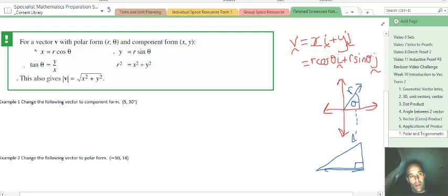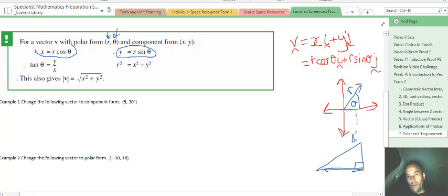Here we're told that x can be achieved by going r times cos theta, where r is that magnitude in polar form and theta is the direction, and y, we can yield y by going r sine theta.